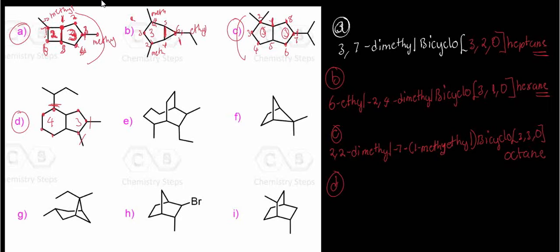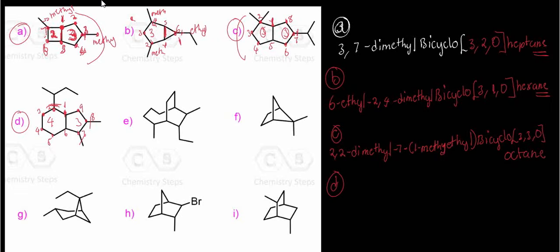So after having those branches, now let's try to name them, right? So this should be my 1 here, 1 here, 2, 3, 4, 5, 6, 7, 8, 9.